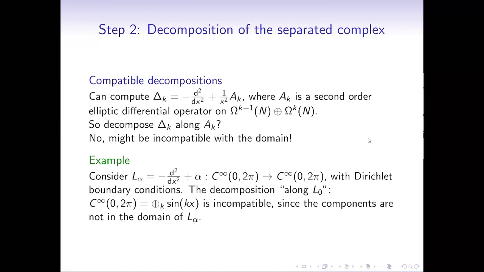So I have a little bit of an example. I'm not really happy with this example, but it does kind of show what kind of things can happen. So if you consider this operator, it's your standard d/dx squared, but shifted, and let's say Dirichlet boundary conditions. So we can write the space of functions on which it acts as a sum of eigenfunctions for L_0.